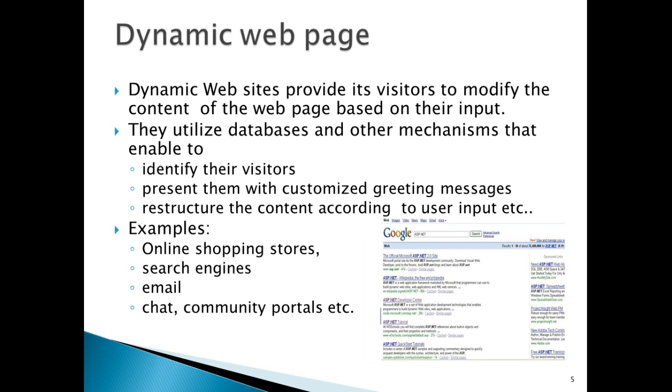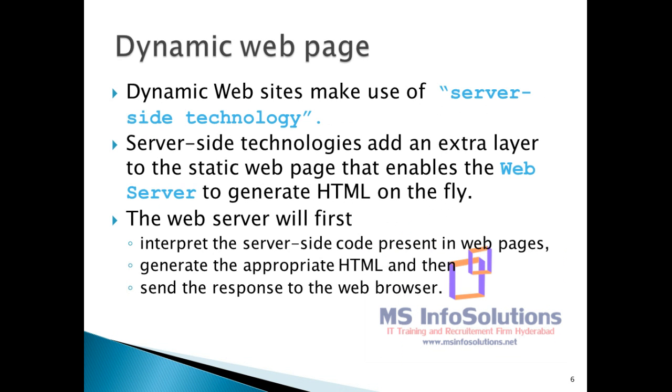Coming to static web pages, those are not able to interact with the database or the user. But dynamic web pages are able to interact with the database as well as the user. Some examples are online shopping stores, search engines, emails, chats, community portals, etc. And how do the dynamic web pages work?